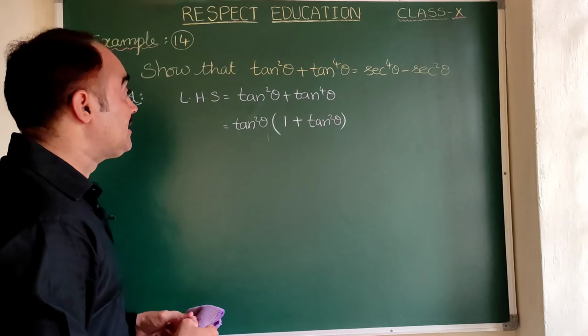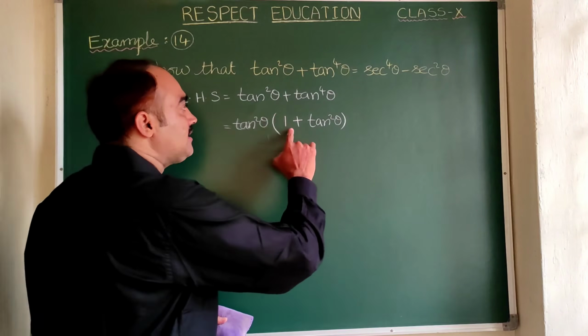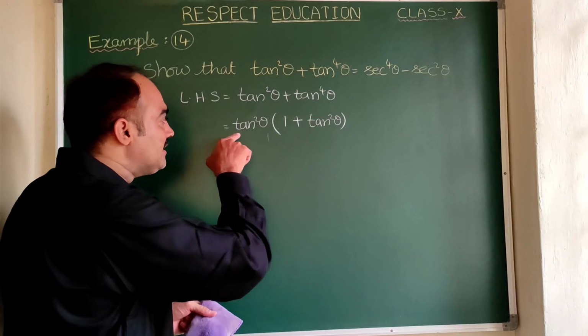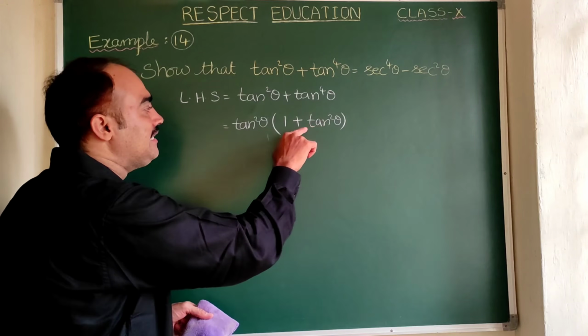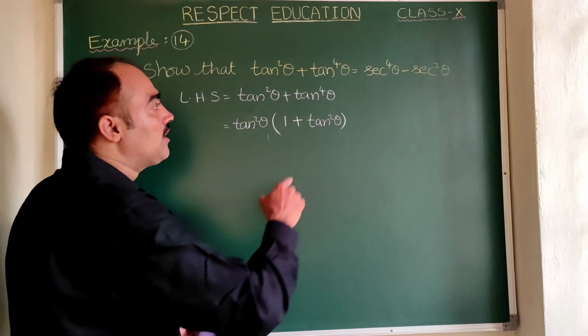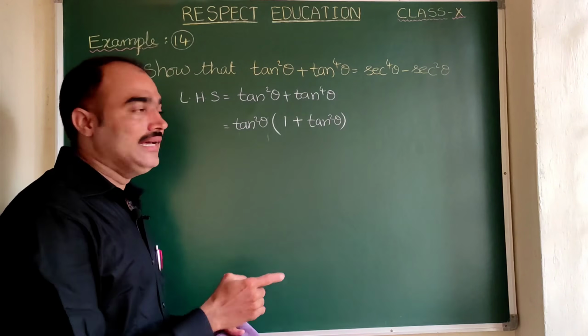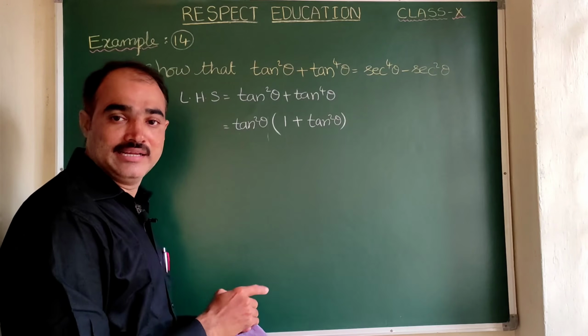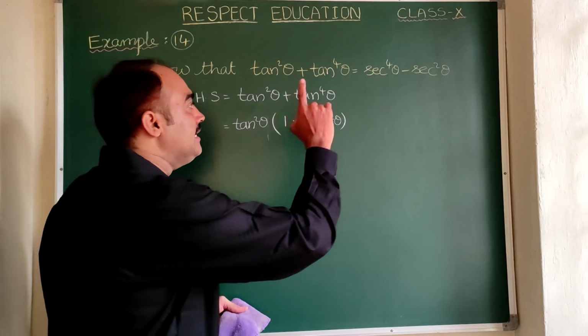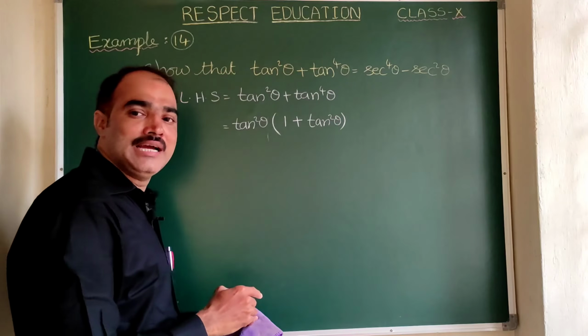Now you just compare this step with the answer. This step is in terms of tan theta, but we need the answer in terms of secant theta. Can you tell me there is a trigonometric identity which has secant theta and tan theta? What is the identity?